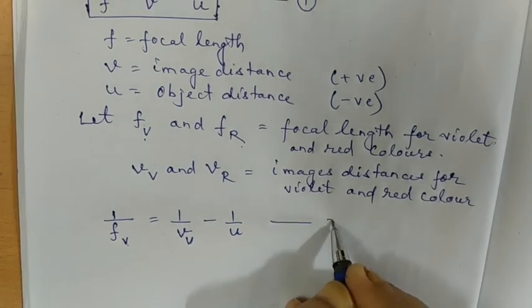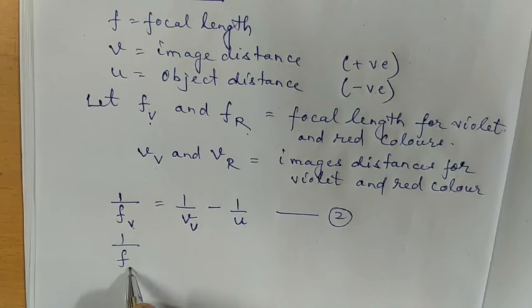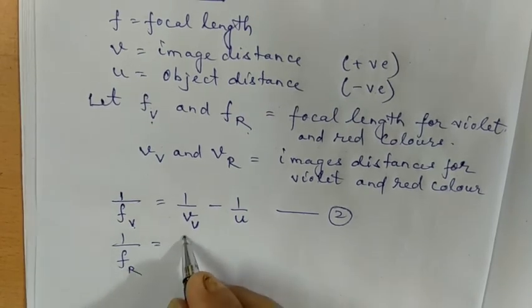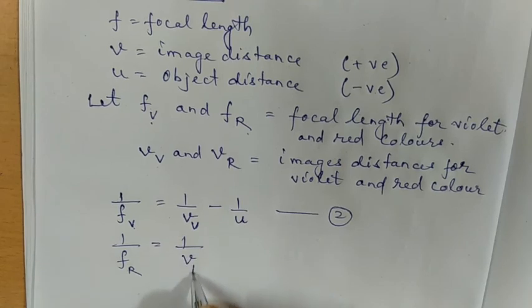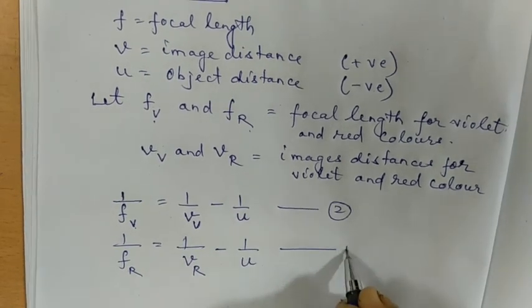Let's say this is equation 2. Again, when considering red light, 1 by Fr is equal to 1 by Vr minus 1 by U. This is equation 3.